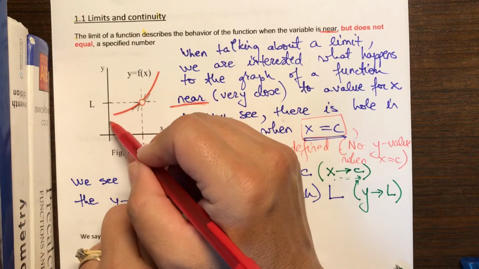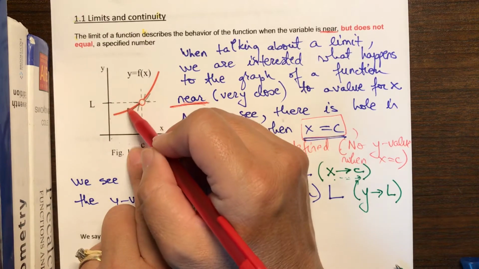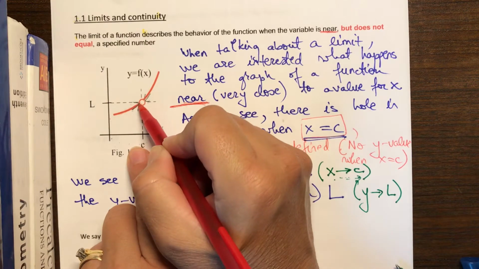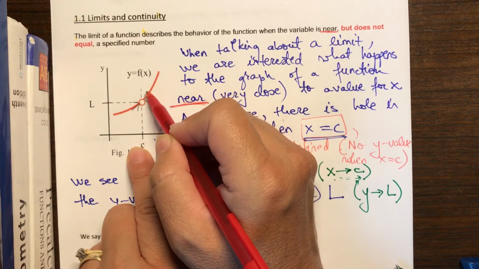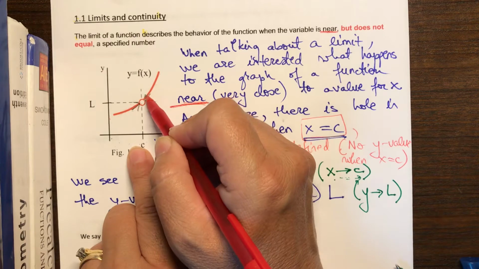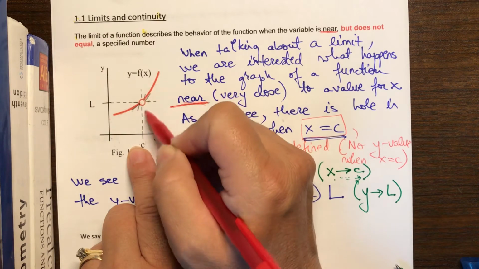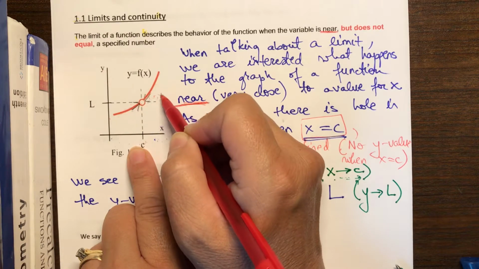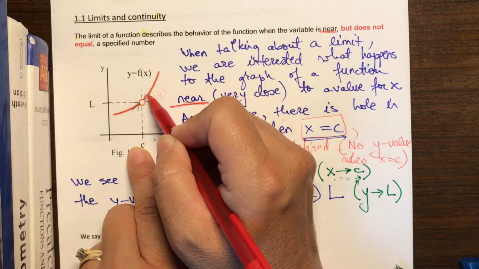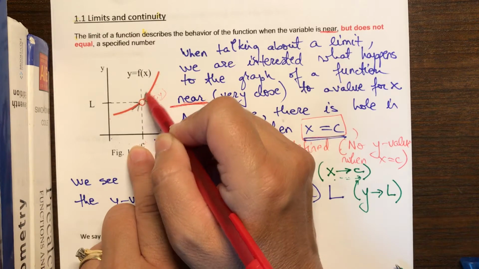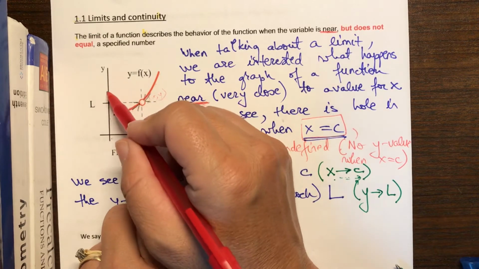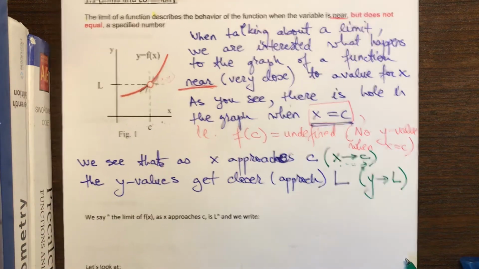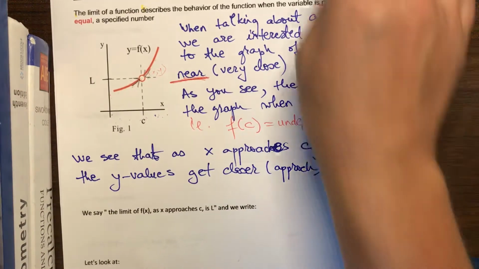The y values are getting pushed up and up and up, with this graph, closer and closer to L. The same thing happens from this side, getting closer and closer horizontally to this x value. So if you think about all the xy coordinates on this graph, the x's get closer to c, the y's get closer to L. Okay, so that's our limit definition.